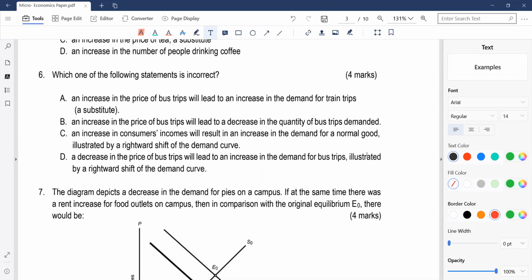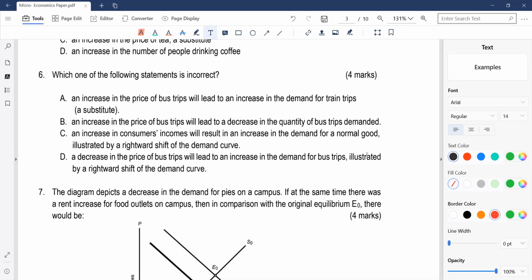Right. Which one of the following statements is incorrect? Again, they're testing you on supply and demand here. They're saying which of the following statements is incorrect? Statement A. An increase in the price of bus trips will lead to an increase in the demand for train trips as substitute.